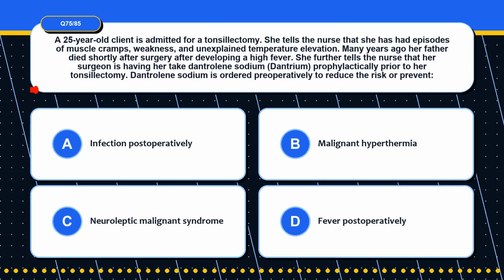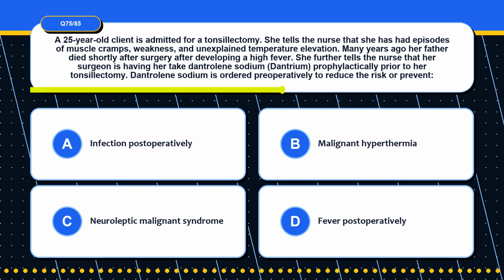Question 75. A 25-year-old client is admitted for a tonsillectomy. She tells the nurse that she has had episodes of muscle cramps, weakness, and unexplained temperature elevation. Many years ago, her father died shortly after surgery after developing a high fever. She further tells the nurse that her surgeon is having her take dantrolene sodium (Dantrium) prophylactically prior to her tonsillectomy.